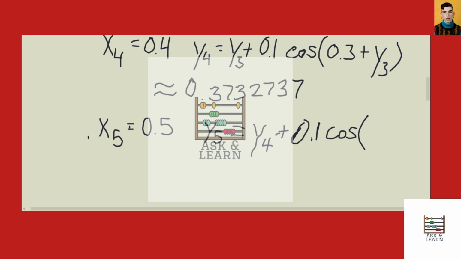So this is y5 equals y4 plus our step size times cosine of 0.4 plus y4, which is approximately equal to 0.444835.